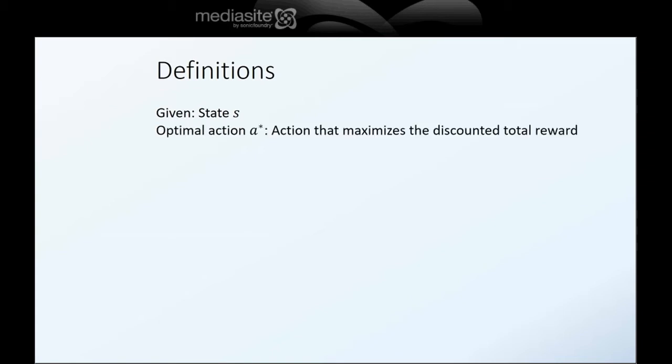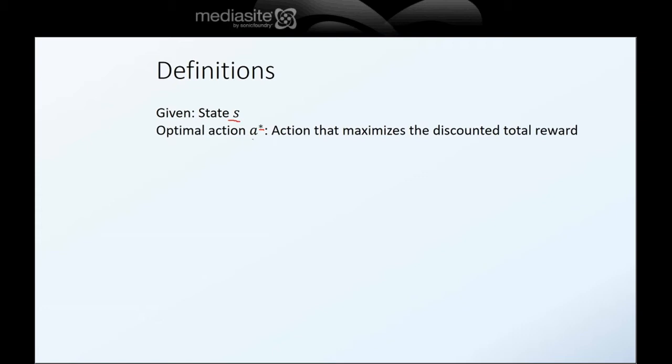So, definitions. We are given state S. The optimal action A star is the action that maximizes the total discounted reward. So the state S is given, and everything optimal we denote with this superscript star.